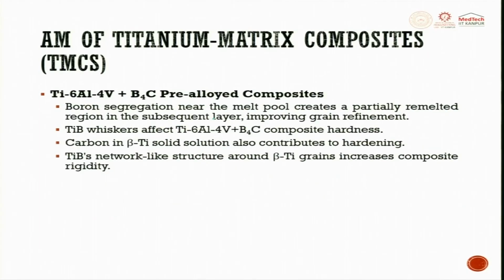The boron segregation near the melt pool creates a partial remelt region in the subsequent layer, improving the grain structure. TiB whisker affects the Ti6Al4V plus B4C. The carbon in the beta Ti solution contributes to hardening, and the TiB network-like structure around beta Ti grain increases composite rigidity.